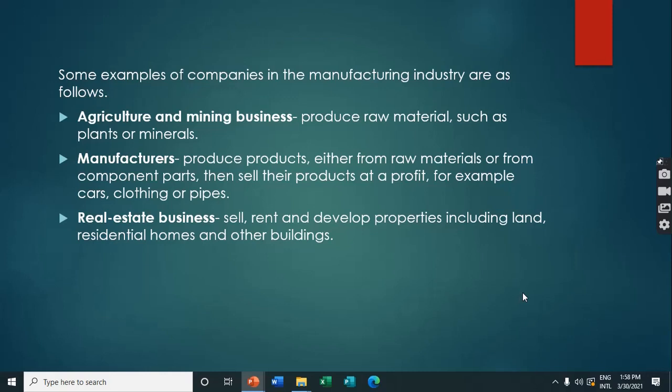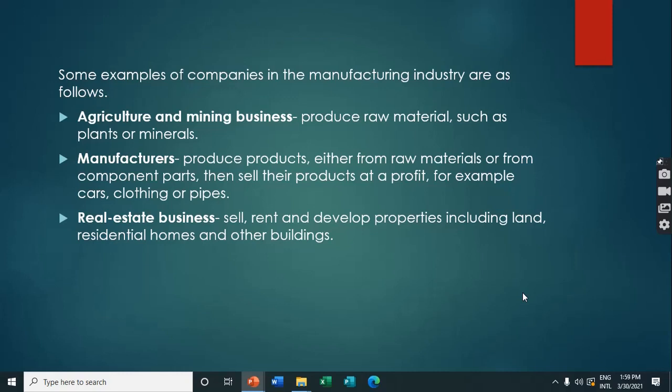So ano ba yung mga examples ng manufacturing business natin dito? What are the examples? Yung nagpo-produce ng mga wines dito sa Kalinga. Ayan, Bugnay wine. That is considered manufacturing business. Next is the real estate business.